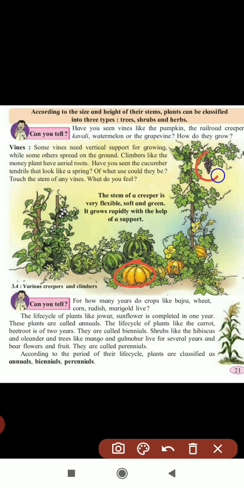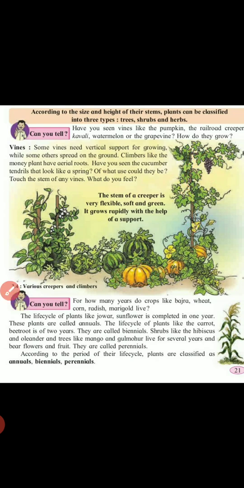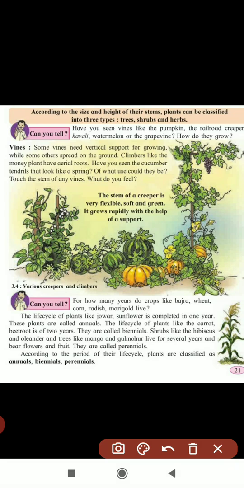The grapevine is very light, that's why it grows vertically. Understood, children? So some vines need vertical support for growing and some others spread on the ground.